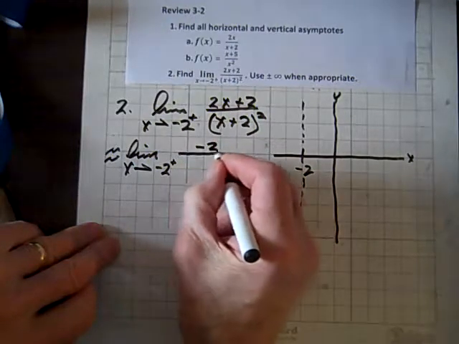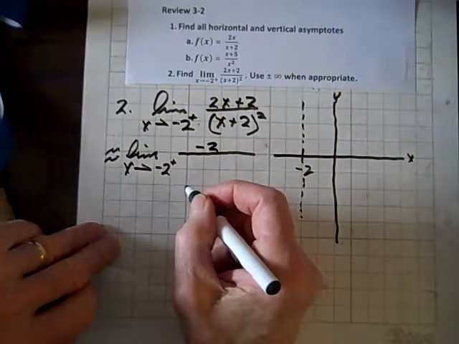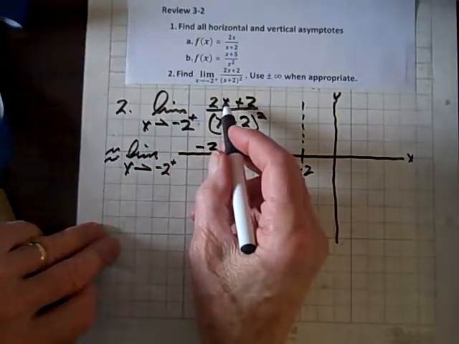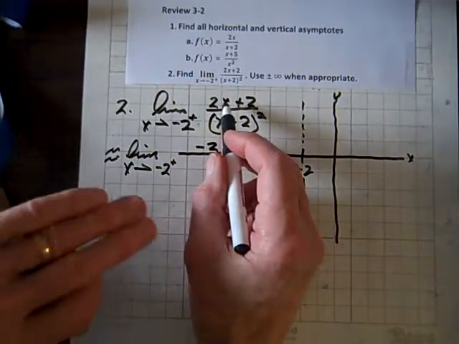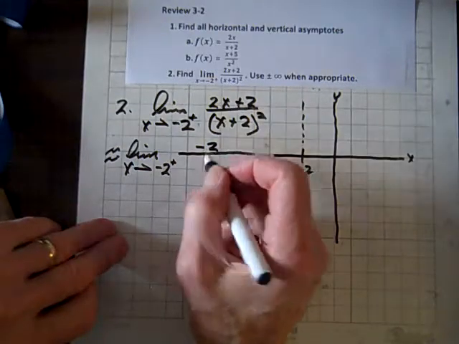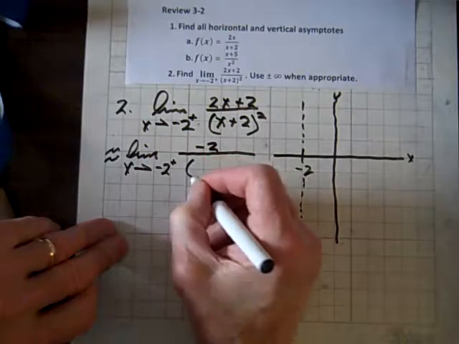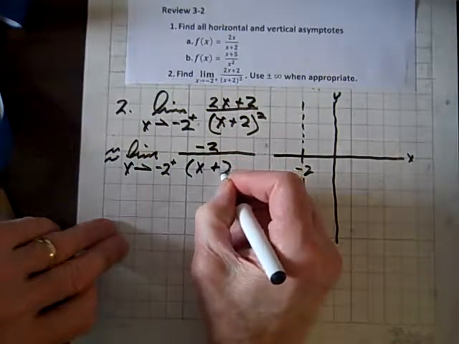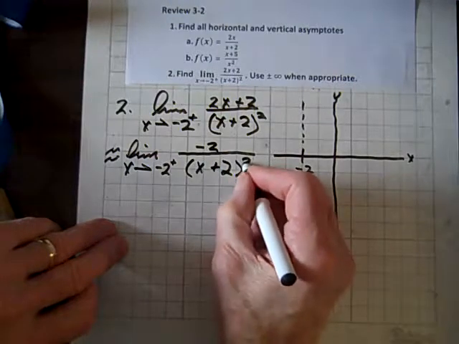Makes our work a little simpler. And that's why I put approximately, because x is never going to get there, but for the purposes of what we're doing, we can do that in the numerator. So we're just looking for behavior. We're not looking for a hard and fast value.